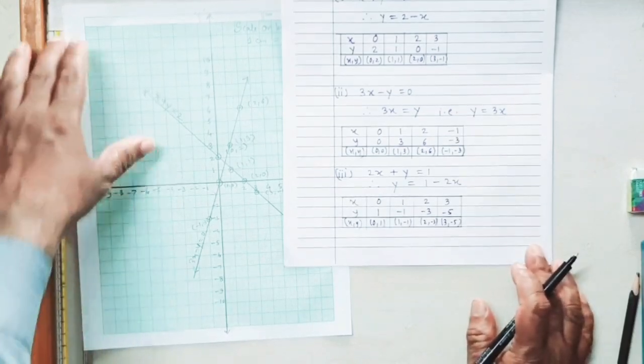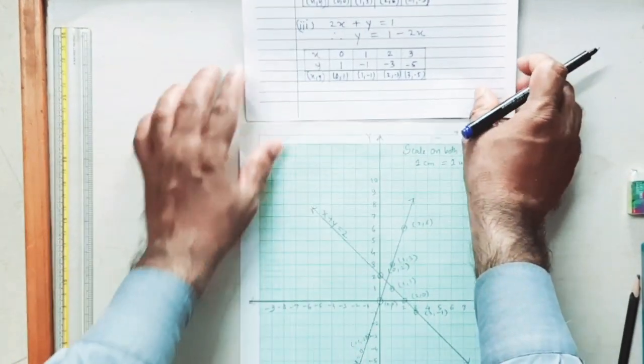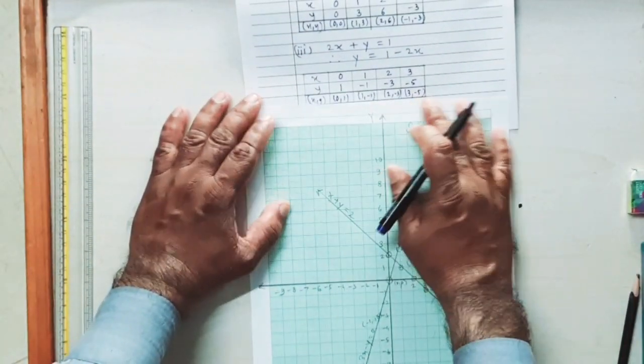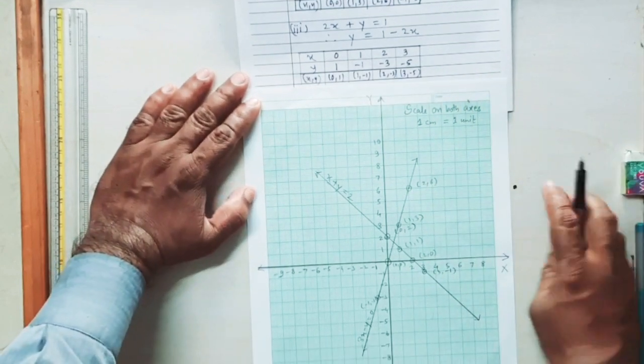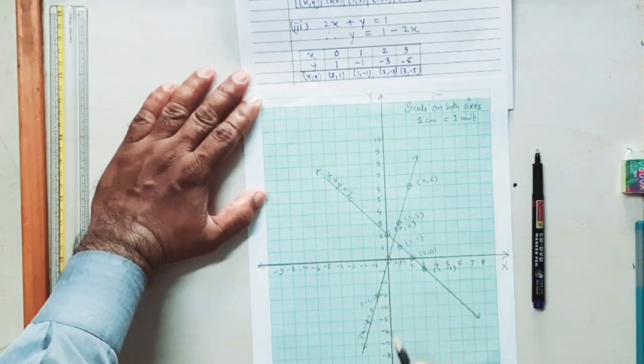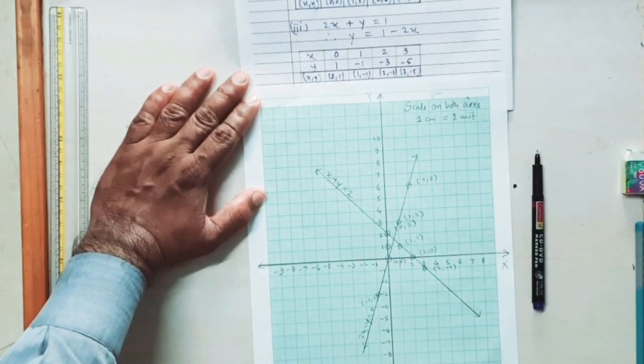Plot these points on the graph. So the first point, x is 0, y is 1. So 0 comma 1.